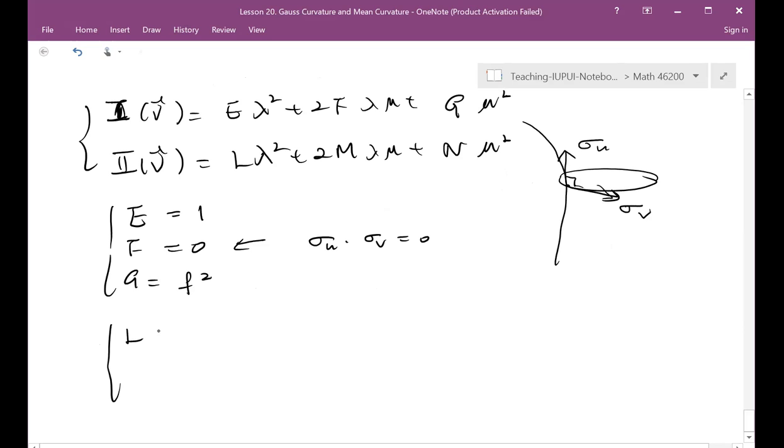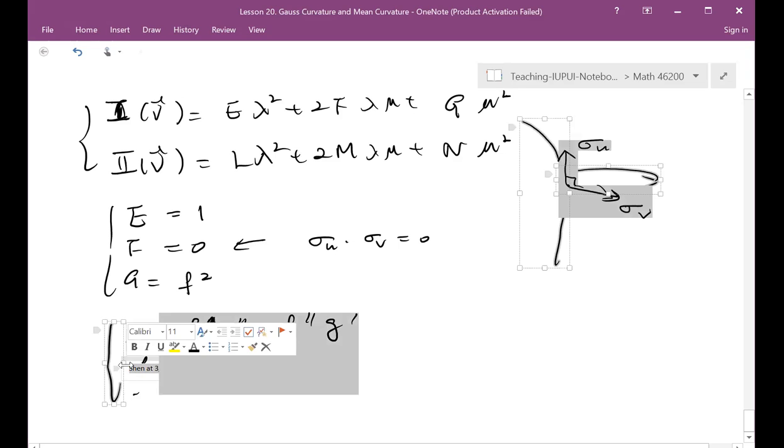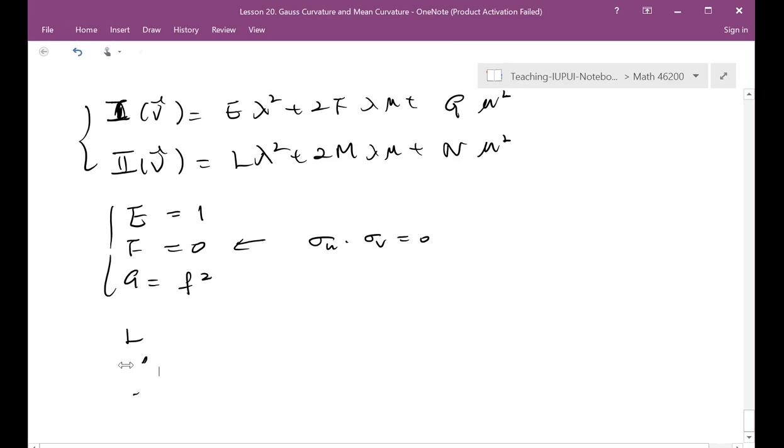Then L is going to be f prime g double prime minus f double prime g prime, and the one in the middle, M, is also 0.